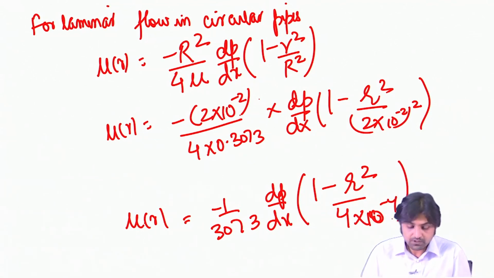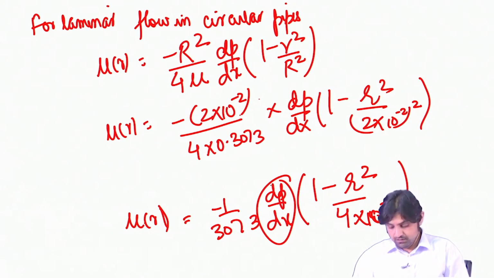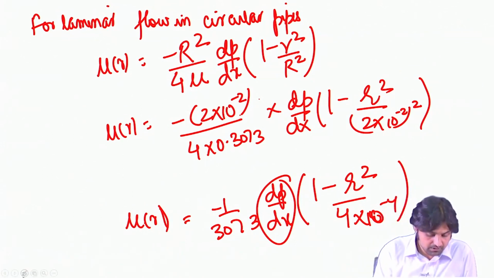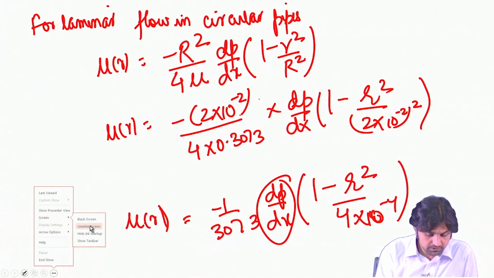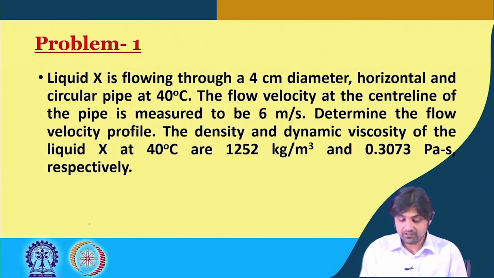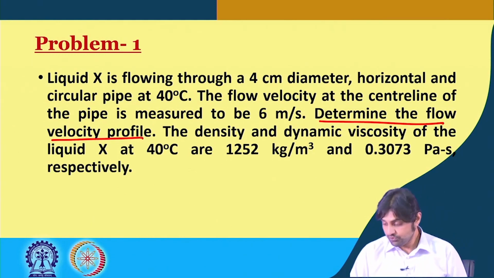Okay, so we have derived u as a function of r. dp dx is something that we do not know, or if we know this, then our problem will be solved. Okay, so I'll just go back from the white screen. And this is what was asked: determine the flow velocity profile.